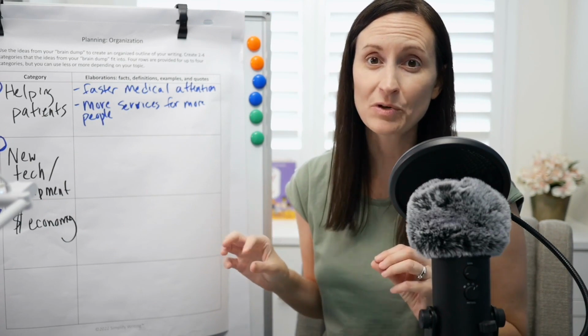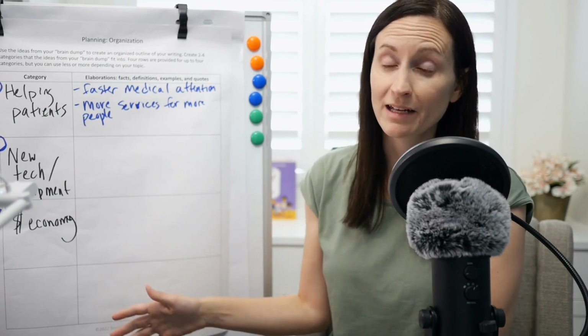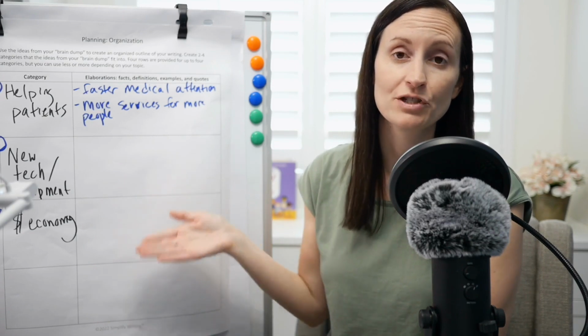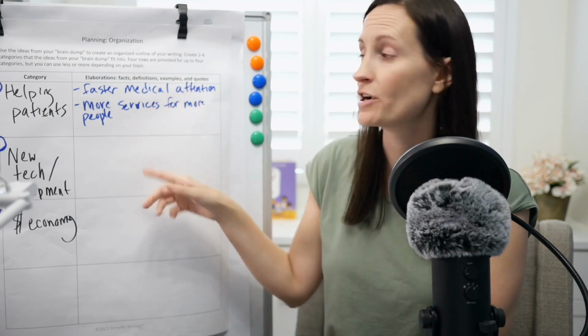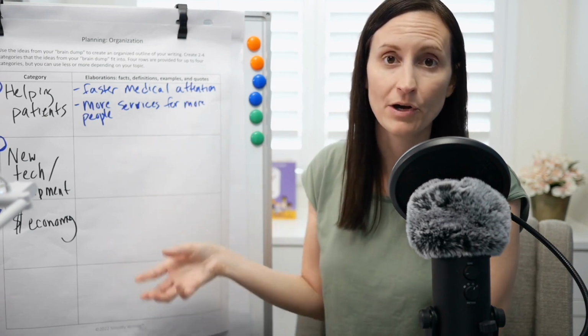So that was step 3, which was our secret sauce, making sure that we're building in revision. In this case, revision is going in and, with a partner, making sure everything is in the right place before we actually use this in our body paragraphs.